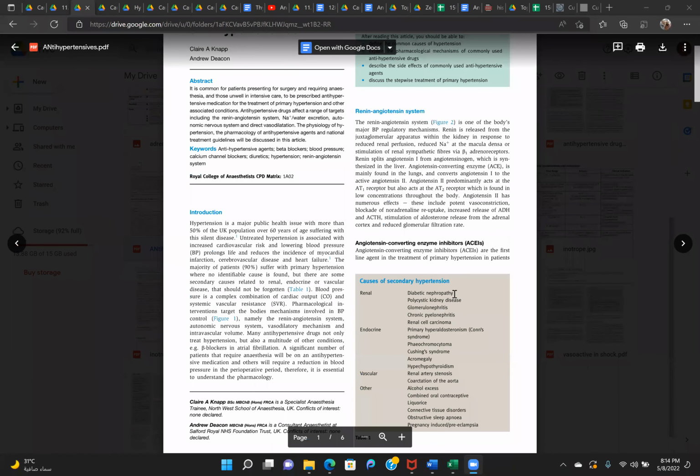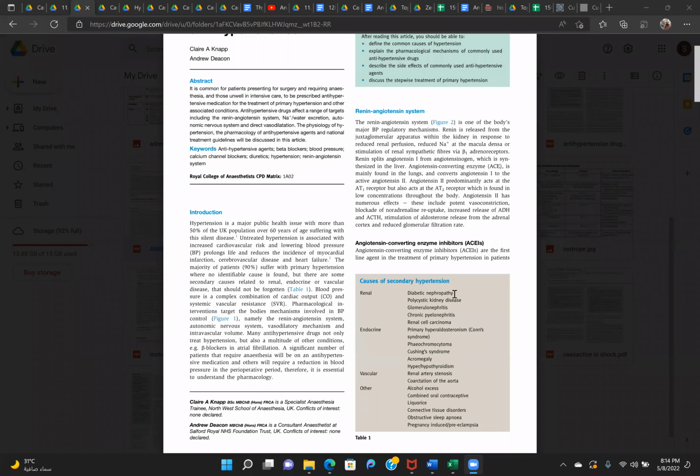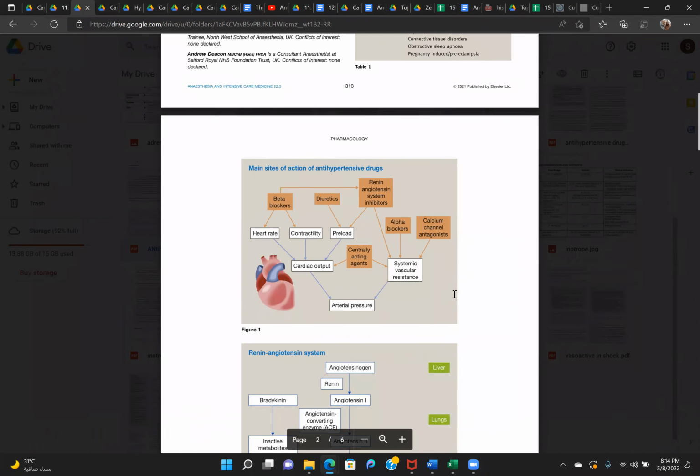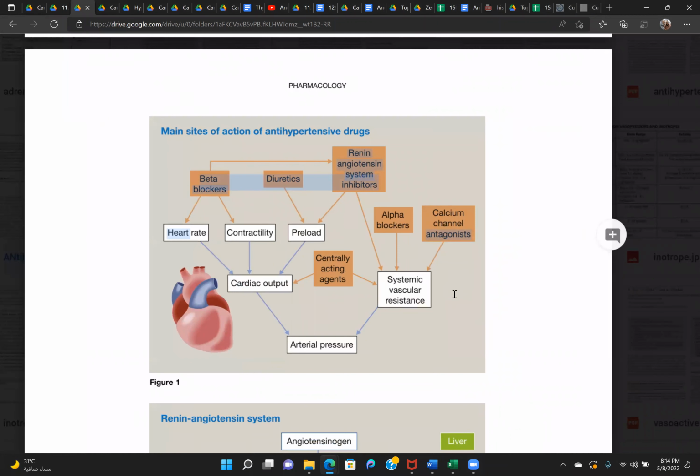And then when the sympathetic system is activated, the contractility is also increased, and heart rate also increased. Okay, so why this is important to know? Because when you are targeting the treatment, you should be knowing what the pathophysiology is. Then it will be easier for you to understand.